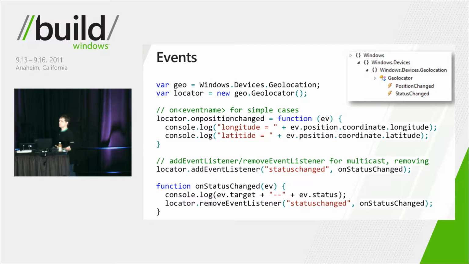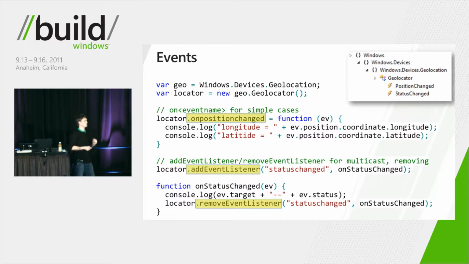Now, the one additional kind of member that is available is events. And for events in particular, we wanted to make sure that the way that we exposed events really lined up with what web developers and JavaScript developers are used to from the APIs they work with. And so we project events using the same DOM events pattern that you're probably familiar with from the DOM and from other web APIs. That pattern uses both the add and remove event listener functions, which we can pass the name of the event and a callback method.